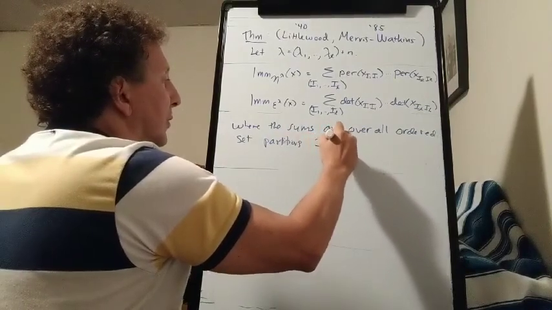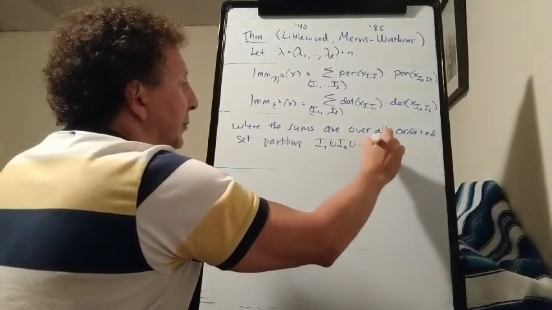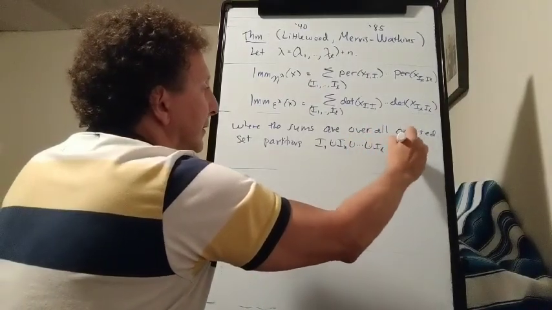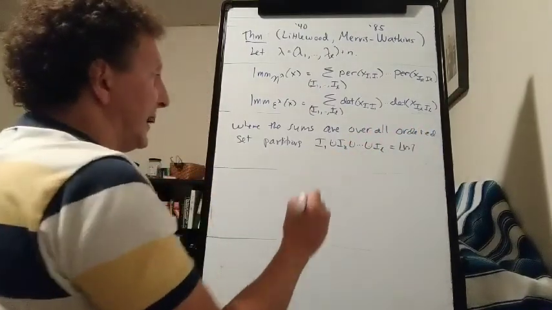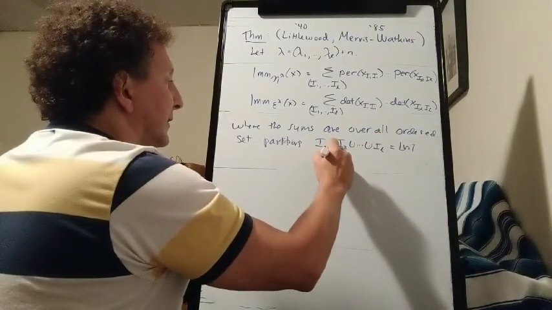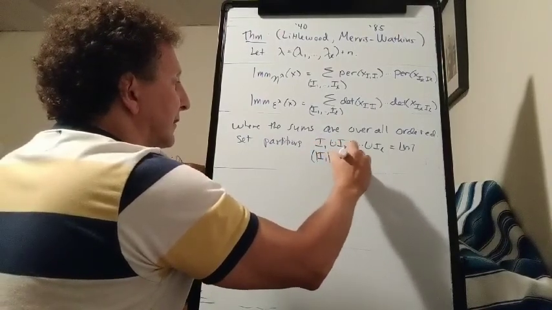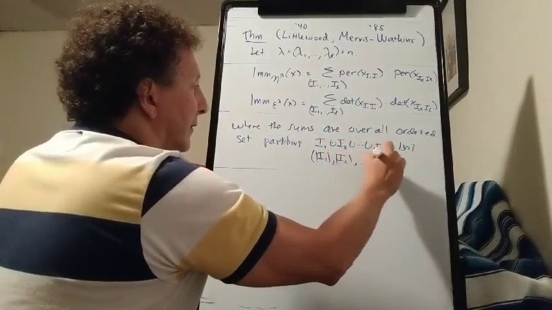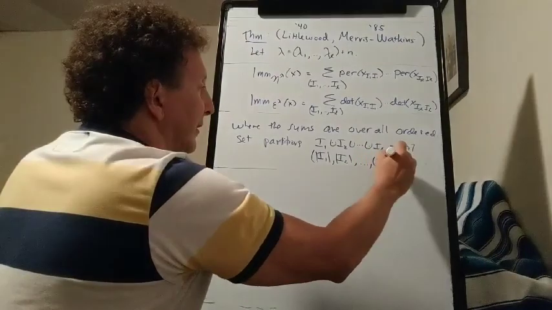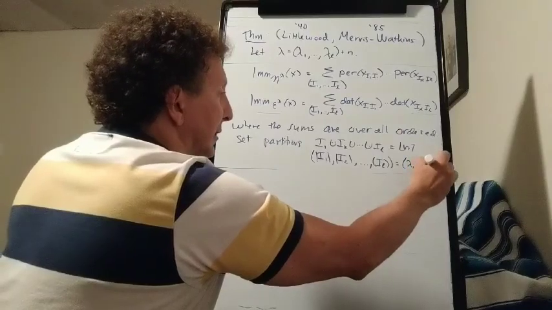So I1 disjoint union, I2 disjoint union, etc., up to IL is all the numbers 1 through n, and if we take the cardinalities of each of these, that set of cardinalities is precisely lambda 1, lambda 2, up to lambda L.